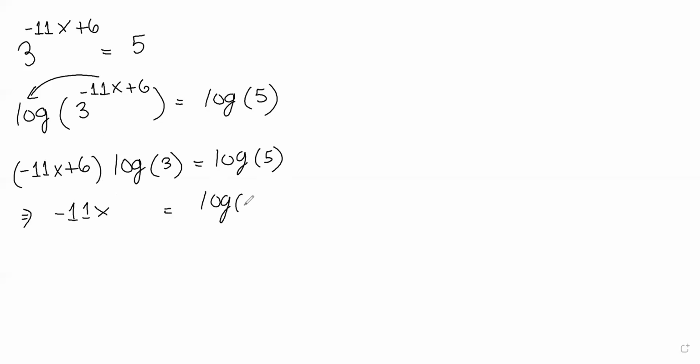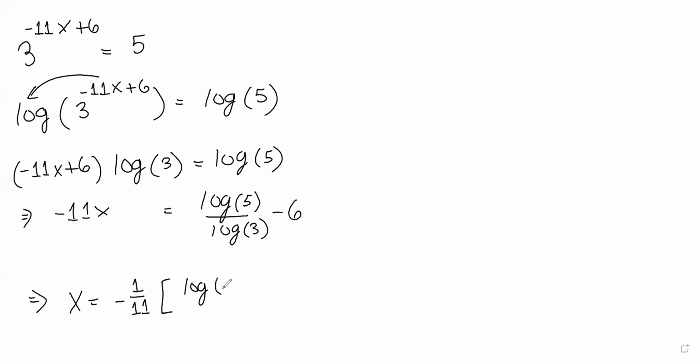So we get log of 5 divided by log of 3, and then this is equal to negative 11x plus 6, but I could subtract 6 to both sides. Finally, divide both sides by negative 11. This is the same as multiplying by the reciprocal. So we get negative 1 over 11 times log of 5 divided by log 3 minus 6.